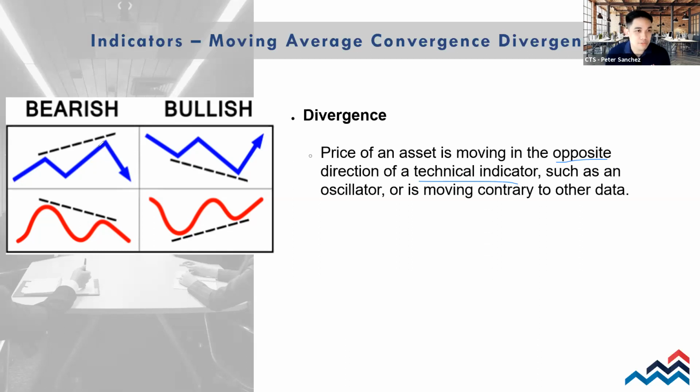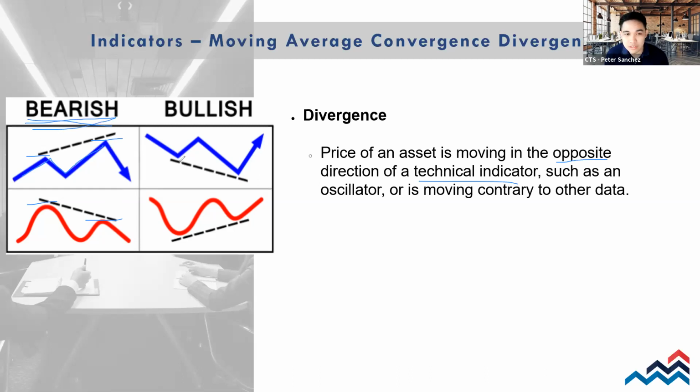As you can see sa left side, itong blue, ito yung price natin. If the price makes a high and a higher high, but the indicator makes a high and a lower high, meron tayong divergence. Umakyat yung price, bumaba yung indicator. Tawag natin dyan, bearish divergence.